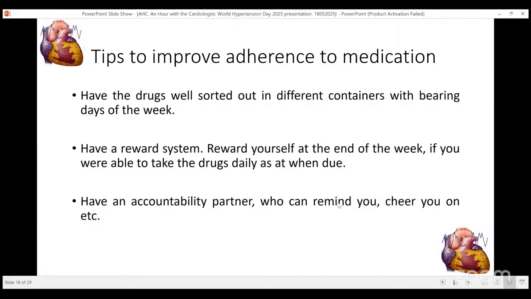I've taken my drug today, you tick it. By the end of the week, you look at it: Monday, Tuesday, Wednesday, Thursday, Friday, Saturday. I've taken my drug. Oh, wow, kudos. You can give yourself a star. You can do anything that will just encourage you to do more. But make sure whatever you reward yourself with is healthy. Have an accountability partner who can remind you, cheer you on, etc., if possible.